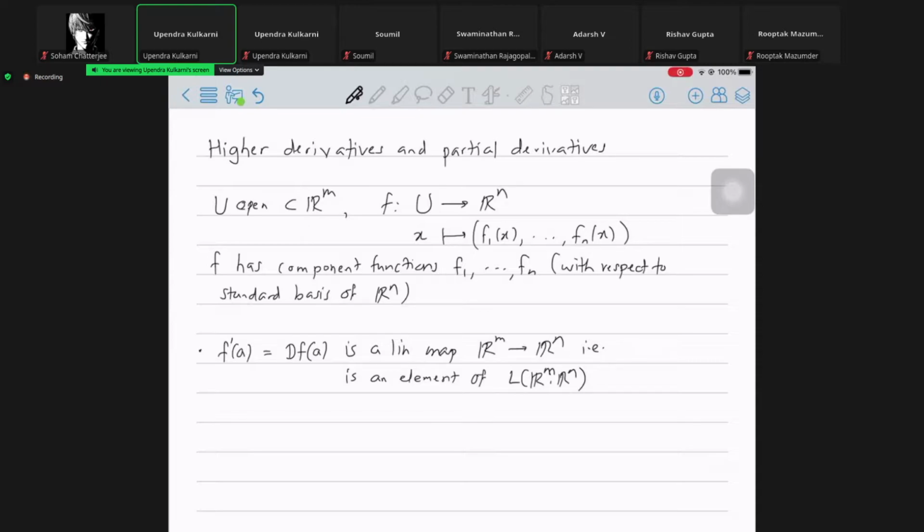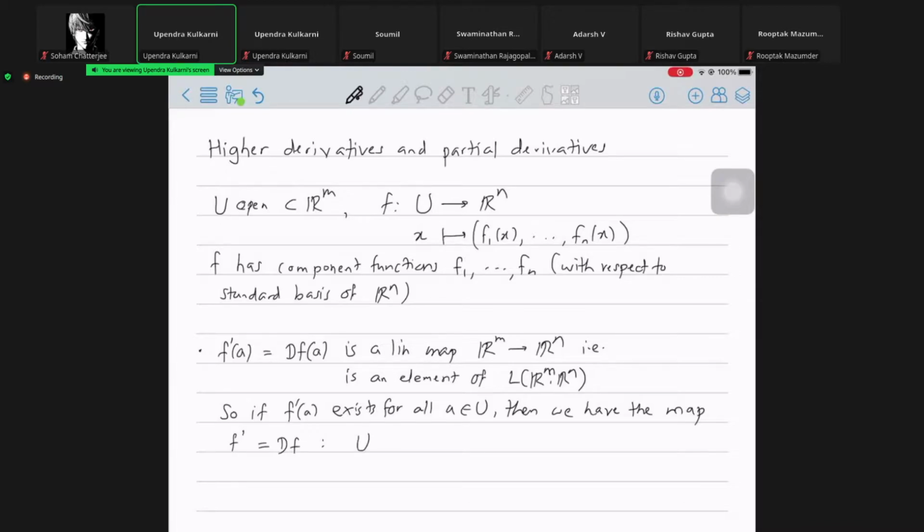Therefore, f prime itself becomes a map. f prime, the df, which is a map from where?